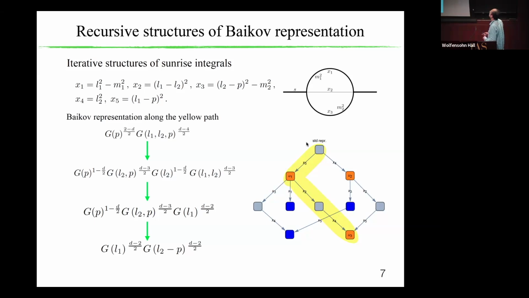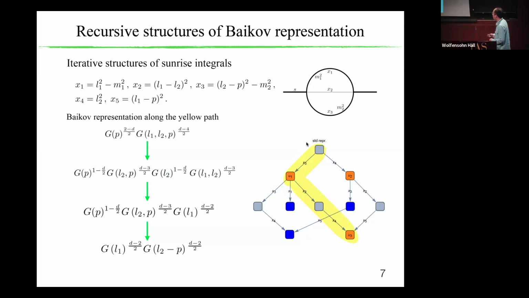We can first view L1 as an external momentum. So for the loop momentum L2, we can get the Baikov representation of L2. Then we continue, view L2 as the loop momentum, and get the Baikov representation.